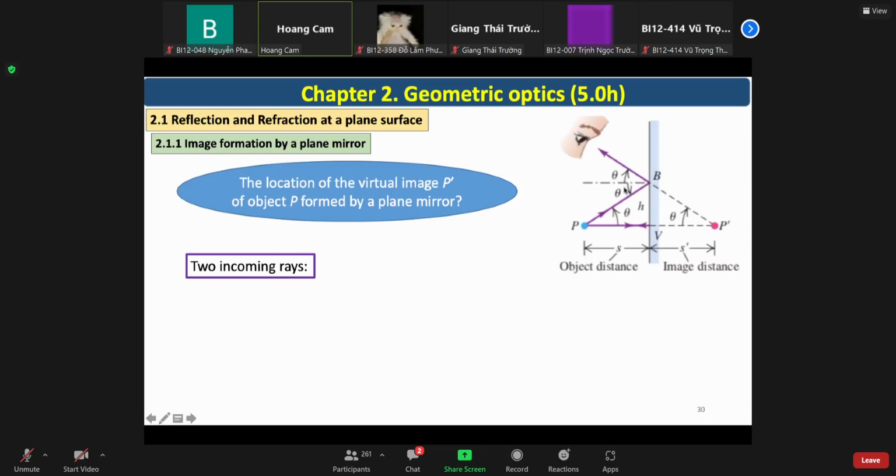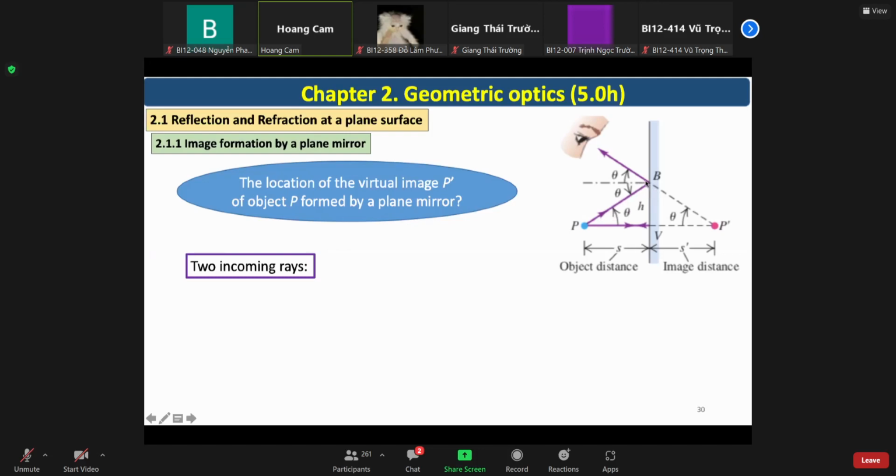The angle theta with this arrow shows that the angle of incidence is formed from the normal to the incident ray.